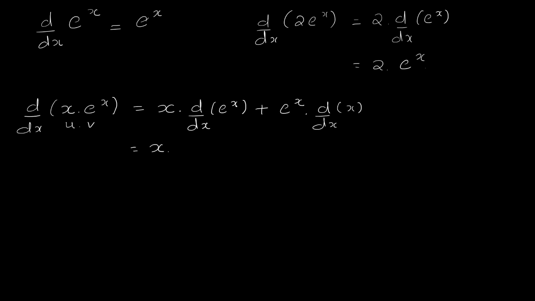X into derivative of e raised to x is e raised to x itself plus e raised to x as it is, and derivative of x with respect to x is 1. So if we just simplify, e raised to x is x plus 1. If I take e raised to x common, or even if you stop at this point, it is totally fine. Okay. So this is all you need to know about the derivatives.